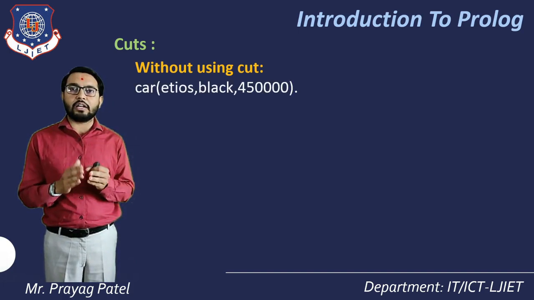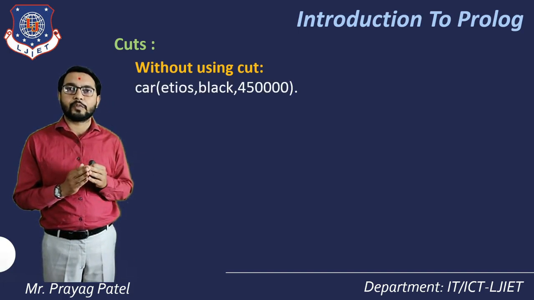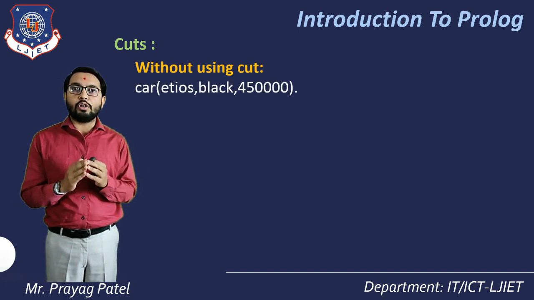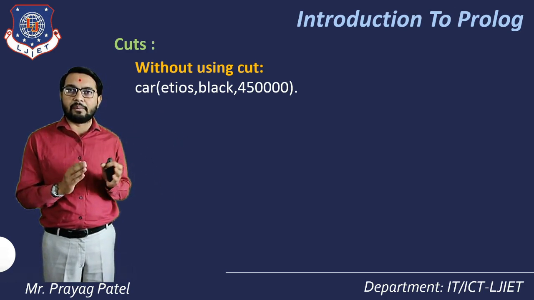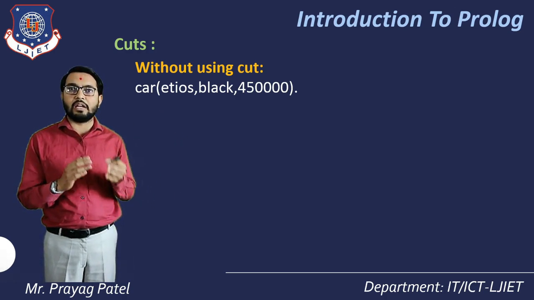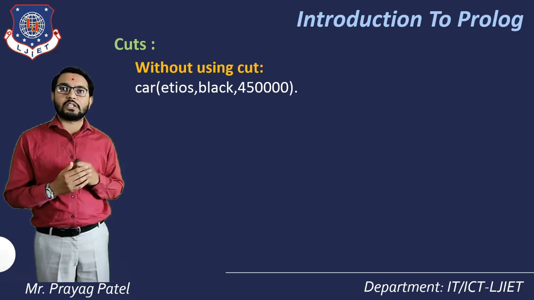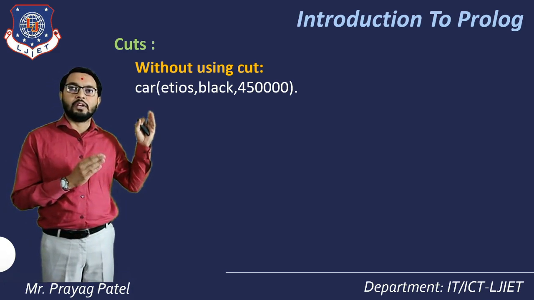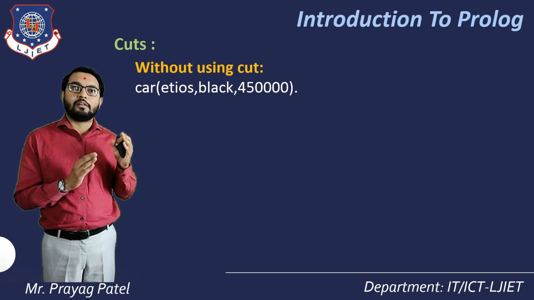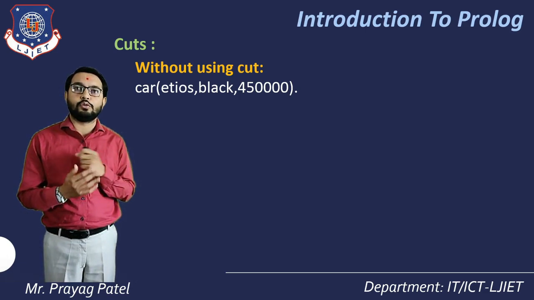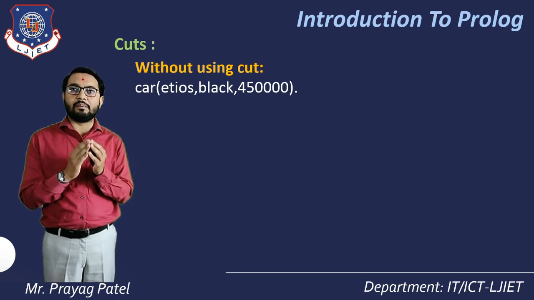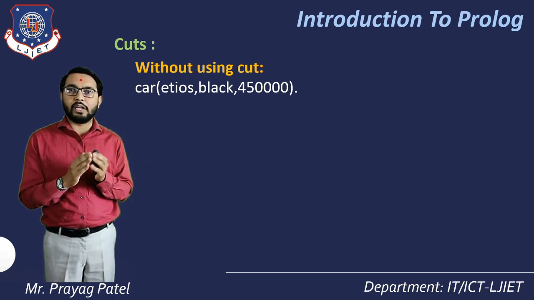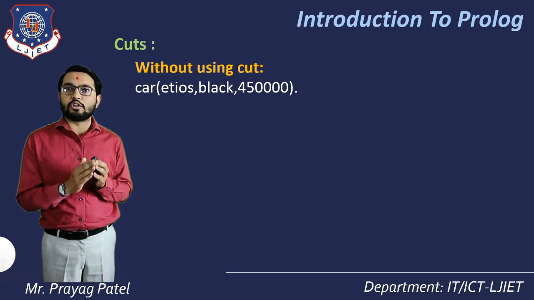Now let's understand the cut command using one example. First, without using cut, we understand the problem, and then we understand it using the cut. Now the first thing is car Etios black 450000. So here the example is given for the car: the name of the car, the color of the car, and the price of the car.